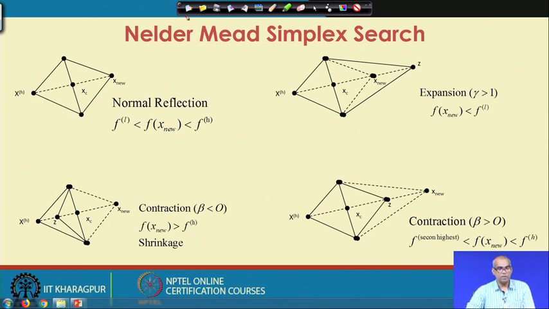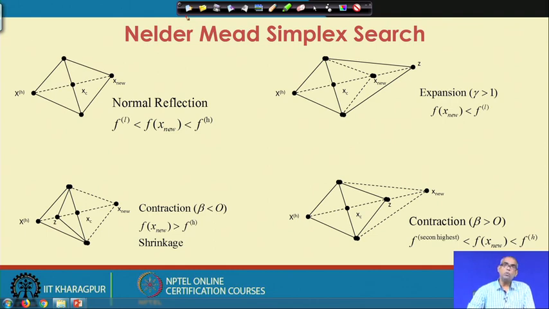So, this is known as contraction. The contraction is when you do a regular reflection and you see that the function value at the reflected point is greater than the worst point, in fact greater or equal to the worst point, then you consider that the simplex is going in a wrong direction because the function value is increasing.